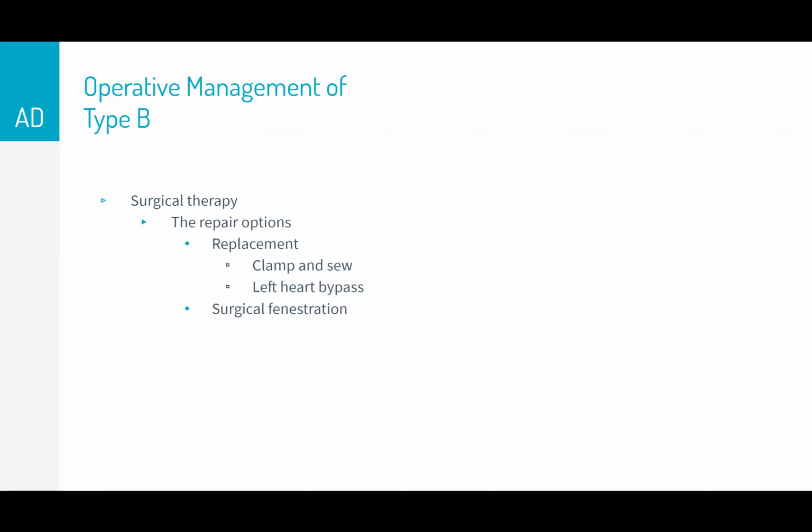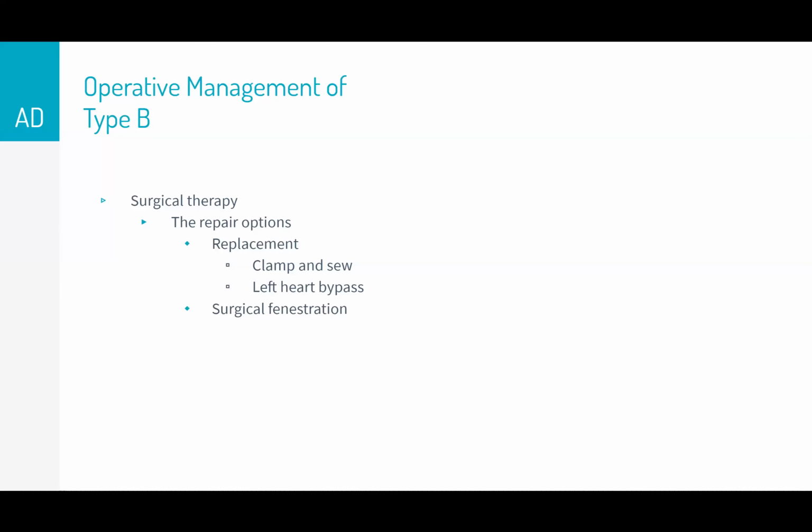For the surgical replacement, there are two techniques. One is old, and I don't think anyone is using it right now, which is the clamp and sew without a bypass. The other is the left heart bypass, which bypasses only the left side of the heart by having a cannula in the left upper pulmonary vein and another cannula in the descending aorta or the femoral artery.